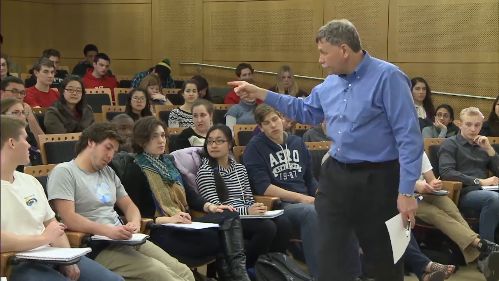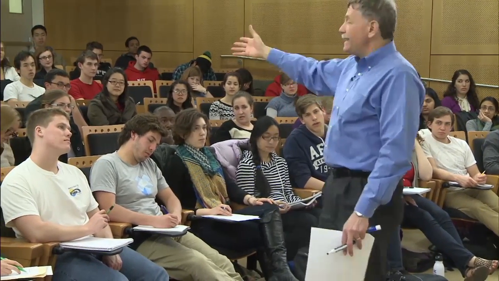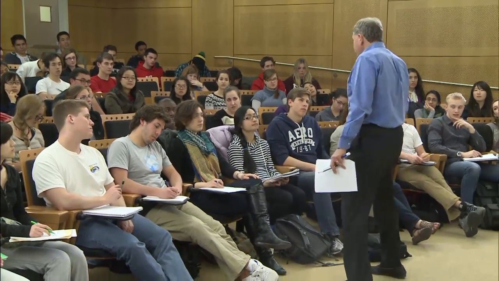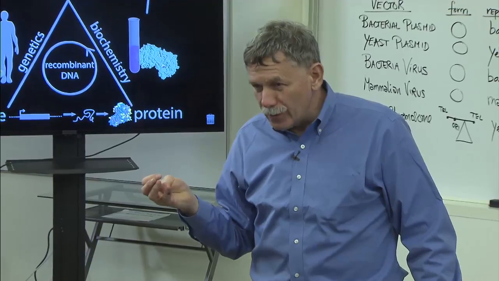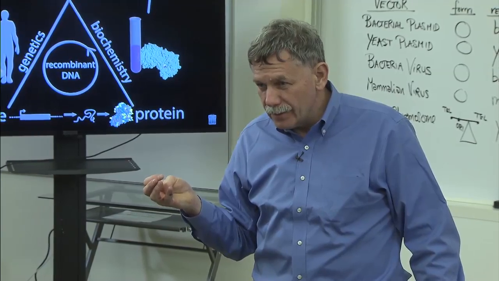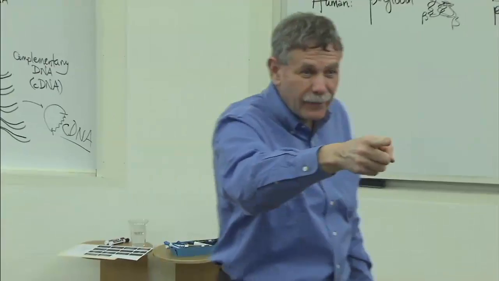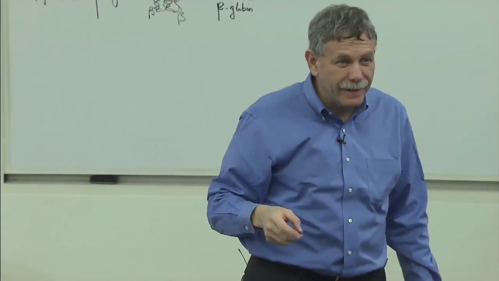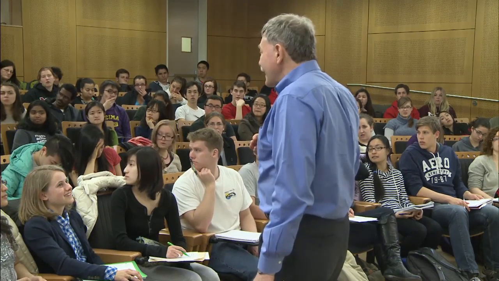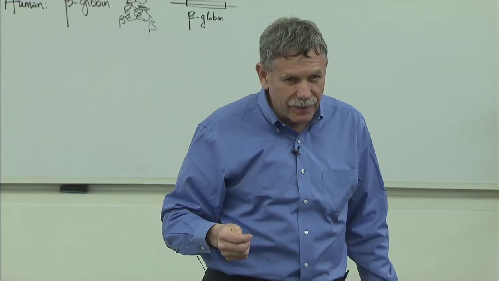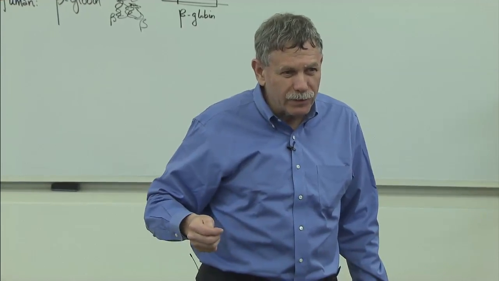Yes? Can you stick them into a different type of cell? I'm going to stick it into a different type of cell. Maybe I'll stick them into skin cells. Now what do I look for? Yes? Could you stick the gene into bone marrow cells and then check the shape of the red blood cells produced in the bone marrow? Oh, stick them into bone marrow cells. Whose bone marrow are we using?